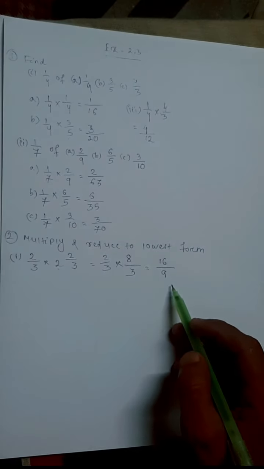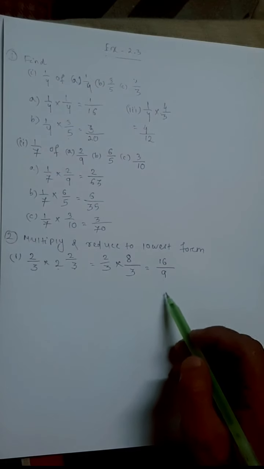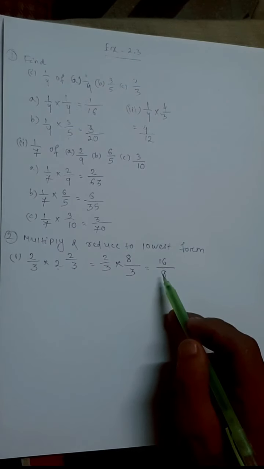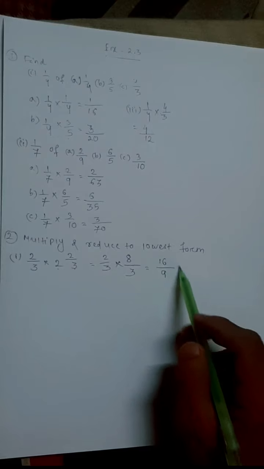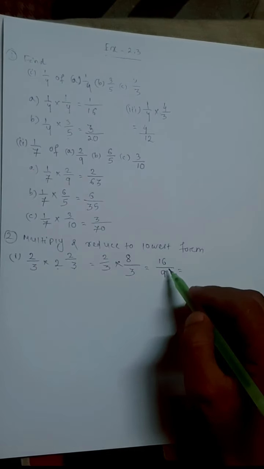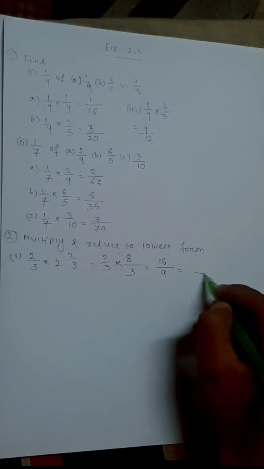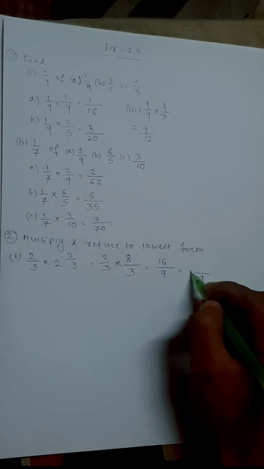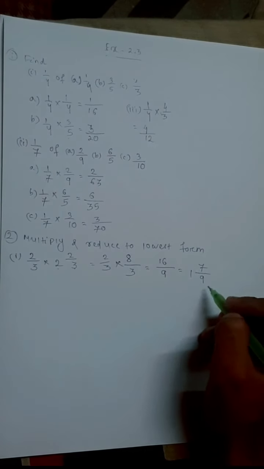Here it is an improper fraction, so we should convert it into a mixed fraction. It becomes 1 whole 7 upon 9.